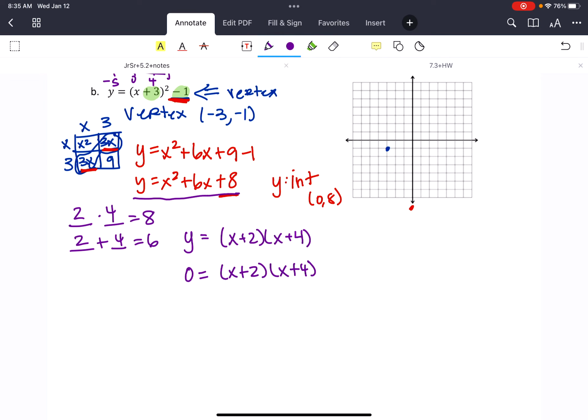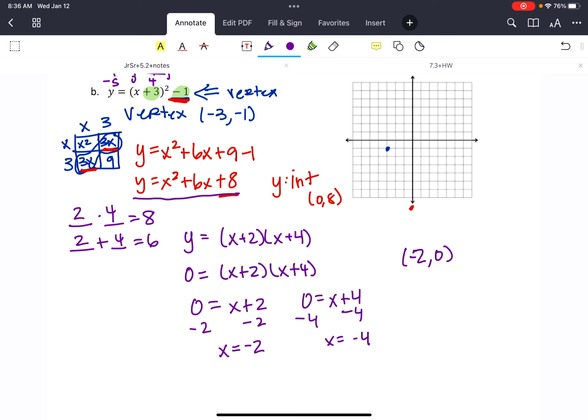So we do 0 equals x plus 2 as one of our equations, and 0 equals x plus 4 as the other. I minus 2 for the first one and get x equals -2. I minus 4 for the second one and get x equals -4.